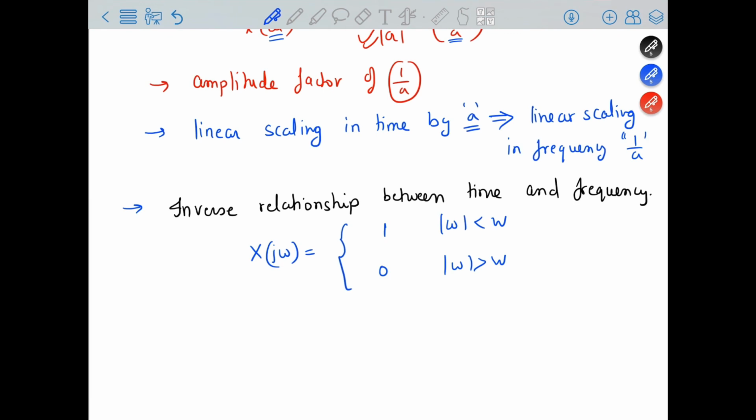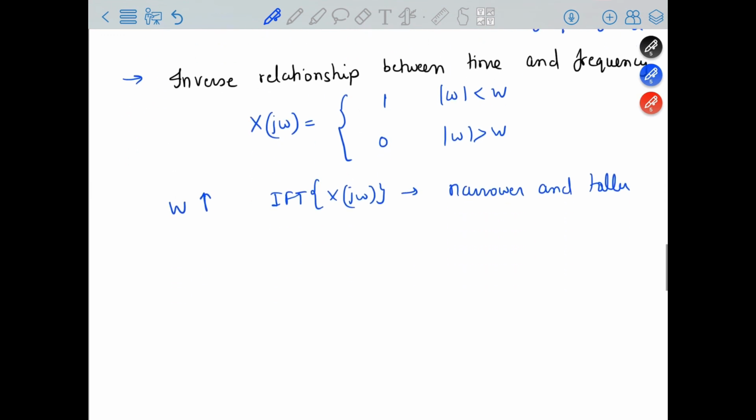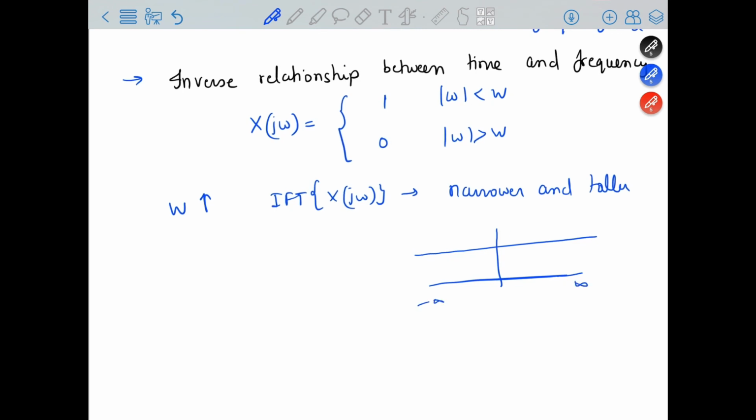If we increase W, so the width of that function is increased, the inverse Fourier transform of this X(j omega) becomes narrower and taller in the time domain. So there is a shrinking happening in the time domain. As we know, if this rectangular function approaches infinity, we will get a function varying from minus infinity to infinity having a value of 1.